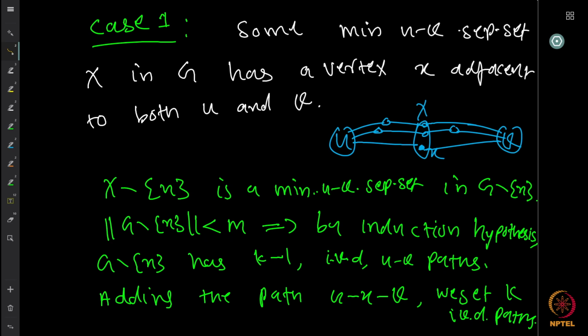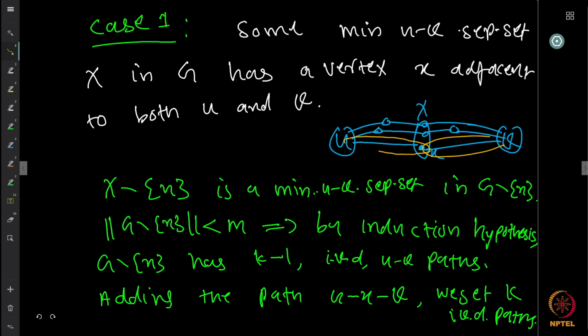So the first assumption is that you have this component in which u and v are connected, and you have a separating set, let's say x, in the graph G. Now, the assumption is that x is a minimum cardinality separating set for u and v, and at least one of these minimum separating sets has a property that there is a vertex which is adjacent to u as well as v.